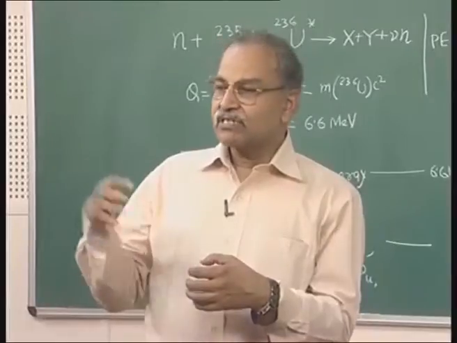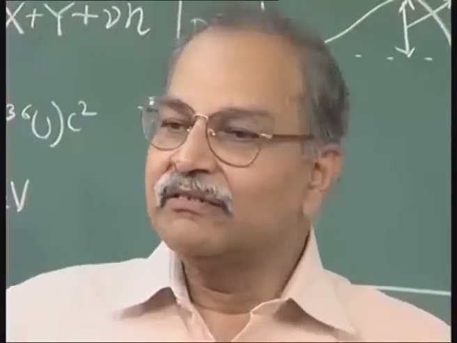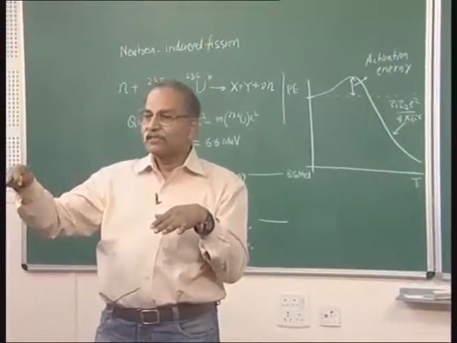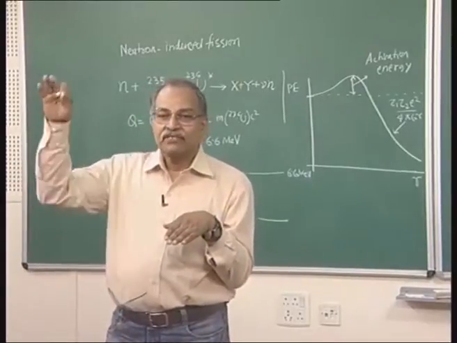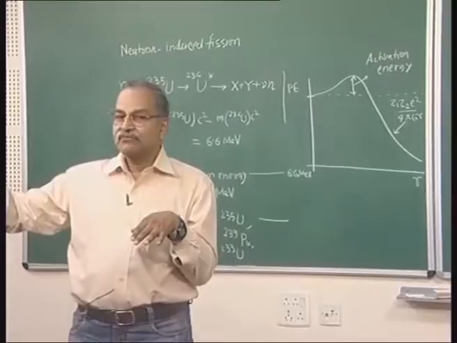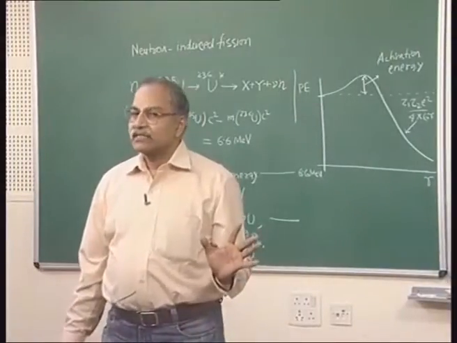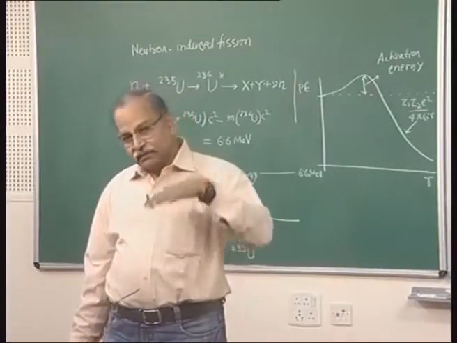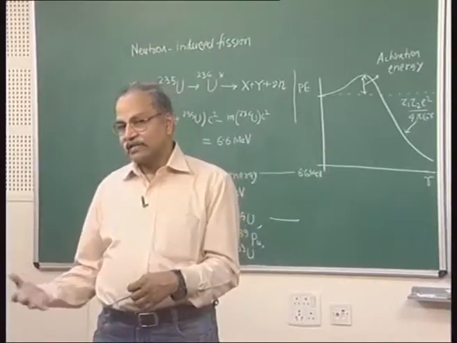If it emits a gamma ray and thereby lowers its energy, the remaining excitation energy becomes lower than the activation energy, then the fission will become difficult, and with more gamma ray emissions, it can just come to its ground state. So, you create uranium 236 in its own ground state, which will not fission as such.